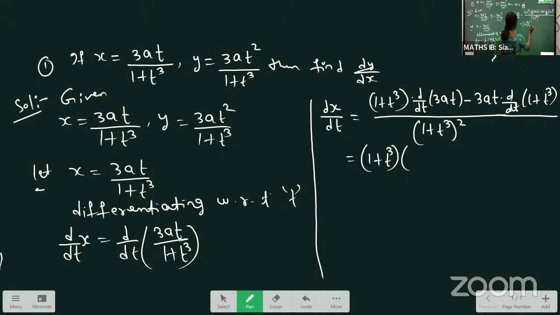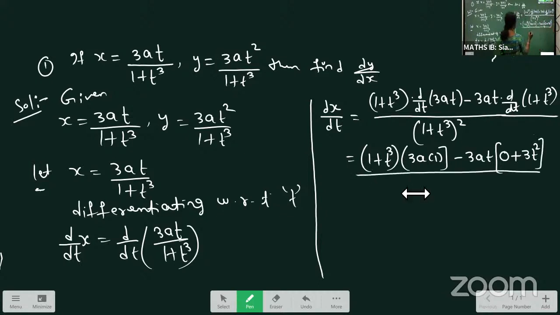Derivative of 3at: 3a is constant, derivative of t is 1, minus 3at as it is, derivative of 1 is 0, plus derivative of t cube is 3t square, whole divided by (1 plus t cube) whole square.